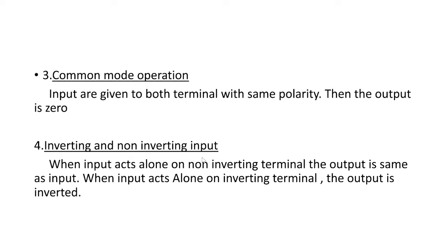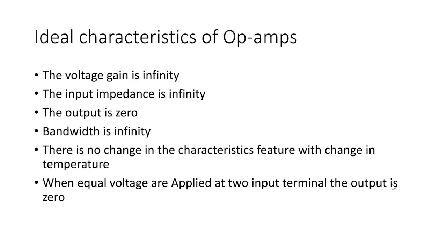Inverting and non-inverting input. When input acts alone on the non-inverting terminal, the output is the same as the input. When input acts alone on the inverting terminal, the output is inverted. Ideal characteristics of an op-amp.